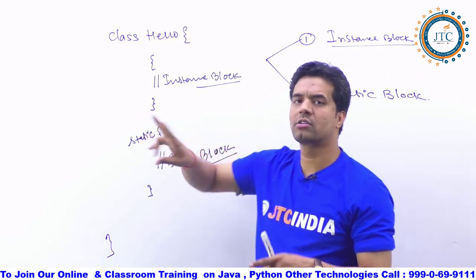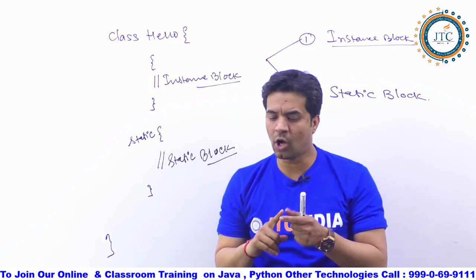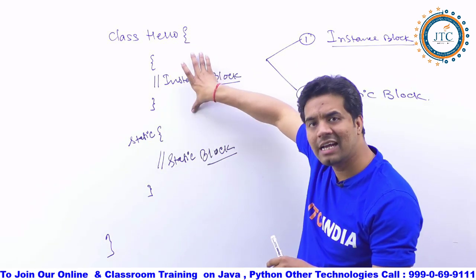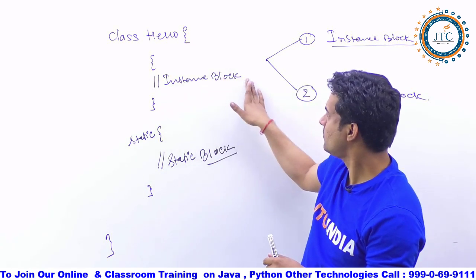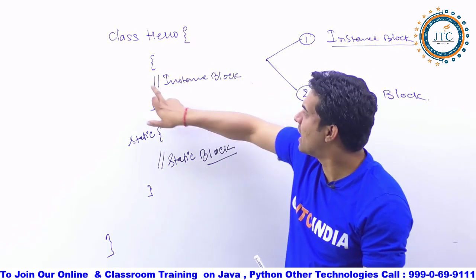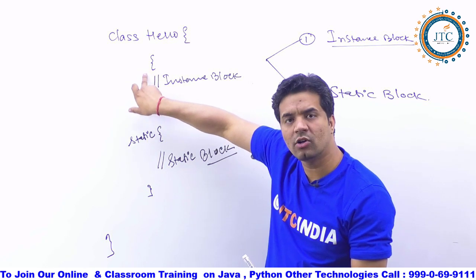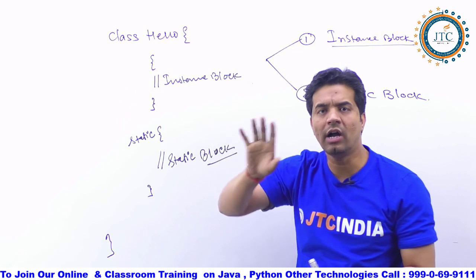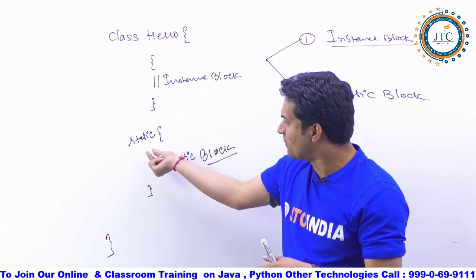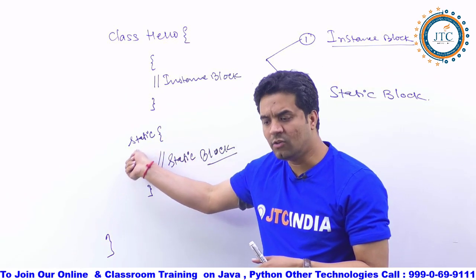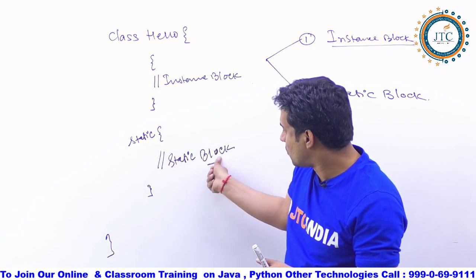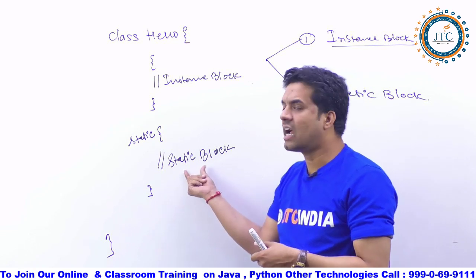If I am saying block, the first thing is: block is of specially two types. The one I am calling an instance block, here I haven't used any static keyword, so we are calling this an instance block. Is it okay? Now at the same time, here if I write the static keyword, this particular one we are calling a static block.